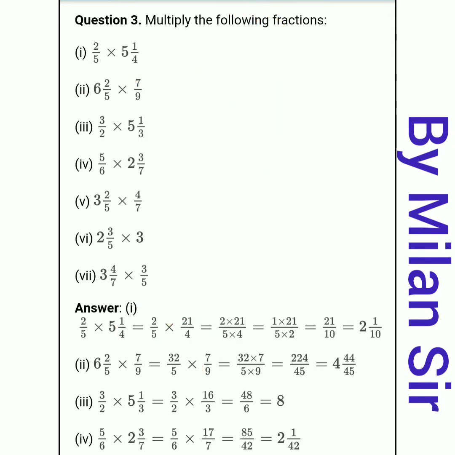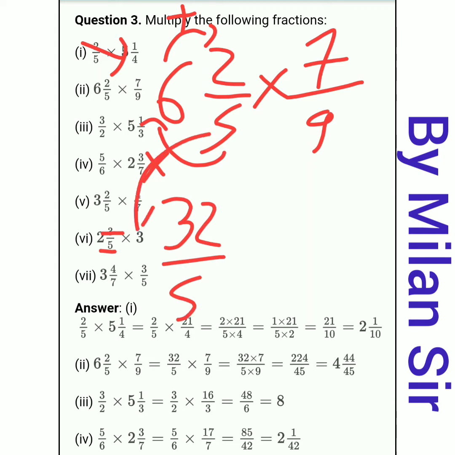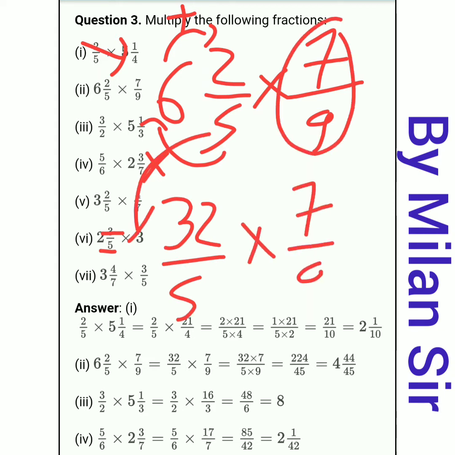Then second question, 6 integer 2 by 5 multiply 7 by 9. First of all we need to convert this mixed fraction into improper fraction, right? So multiplication process, 6 5s are 30 plus 2, 32 divided by 5 as it is, multiply 7 by 9.